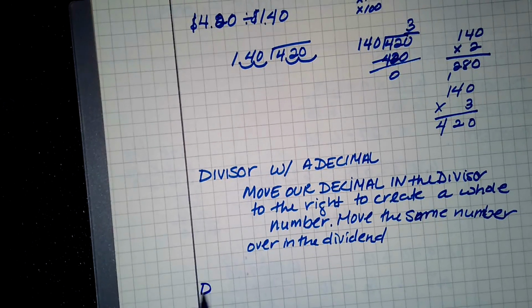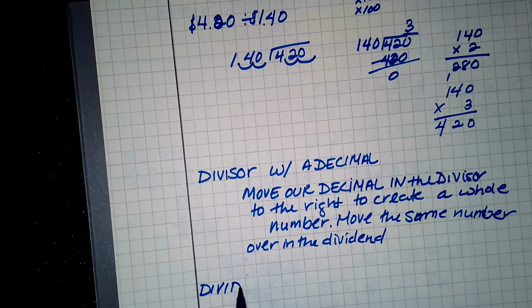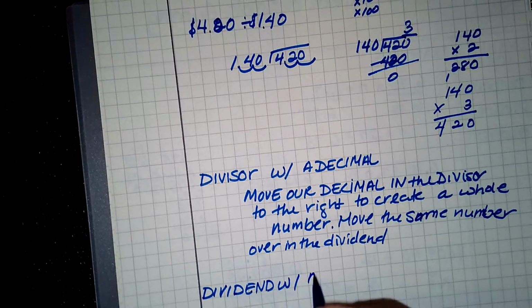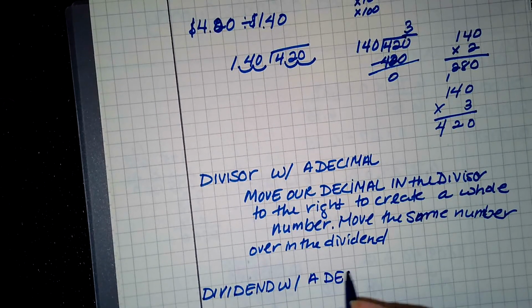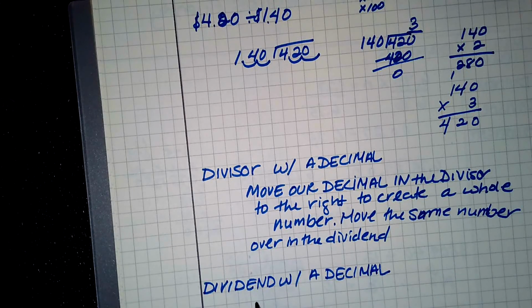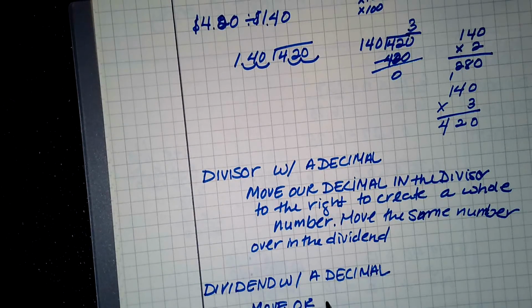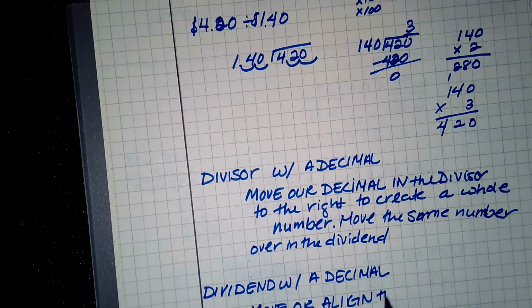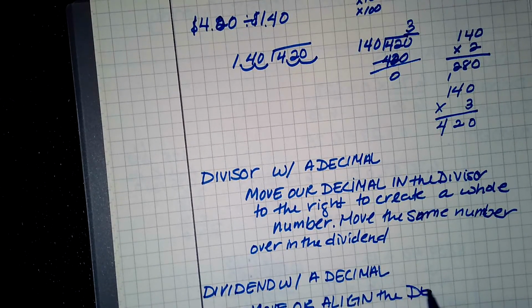So a dividend with a decimal, we are going to move or align the decimal in the quotient.